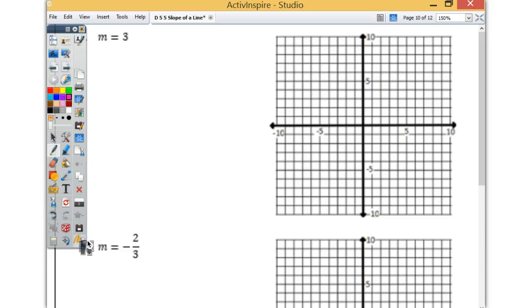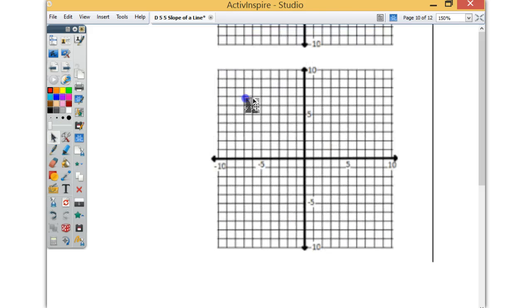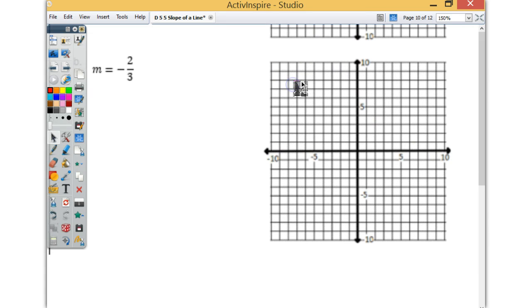All right, let's practice another one. Now, just so our lines will look alike, let's everybody start at the origin, okay? And on your worksheets, let's just start on the origin. You can start anywhere you want, but just so we have the same line right now, everybody start making their point. We want a line that has a slope of a negative 2/3.